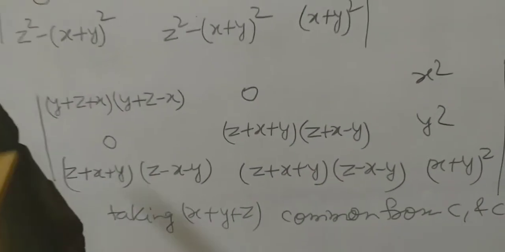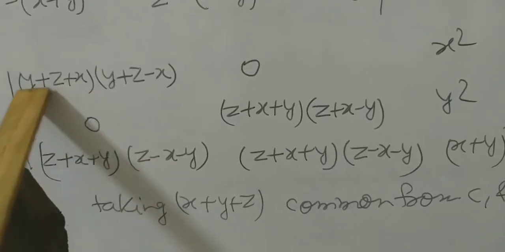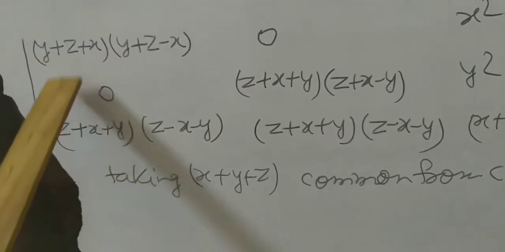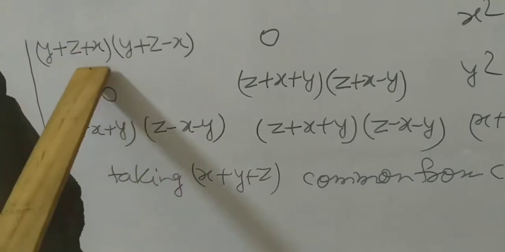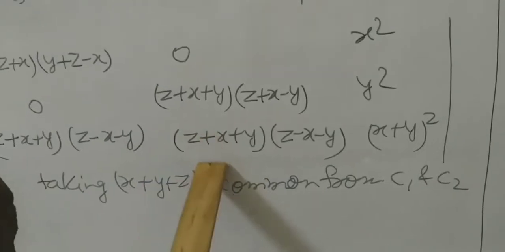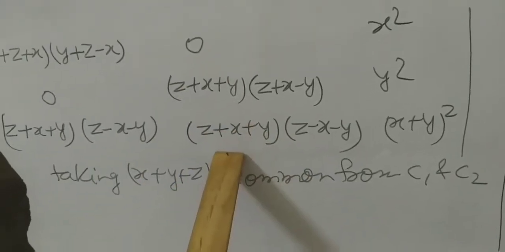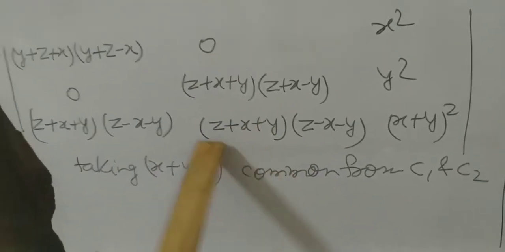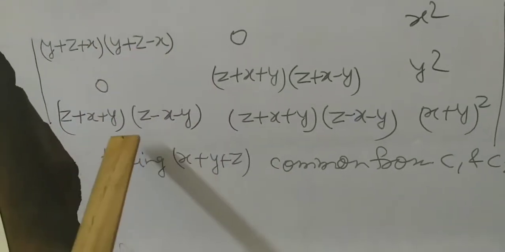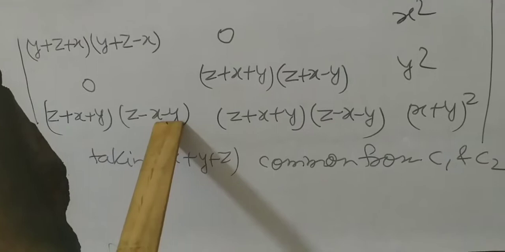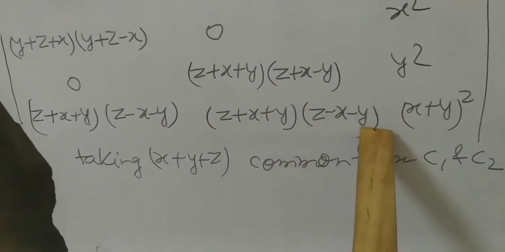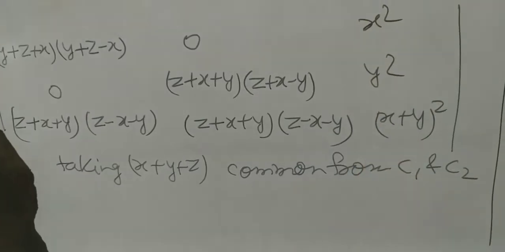Now students, you can see x + y + z, x + y + z. So we can take common x + y + z from C1 and from C2 also. When we take common, what is left here? (y + z minus x), (z minus x minus y); here (z + x minus y), (z minus x minus y), and column 3 will remain as it is.